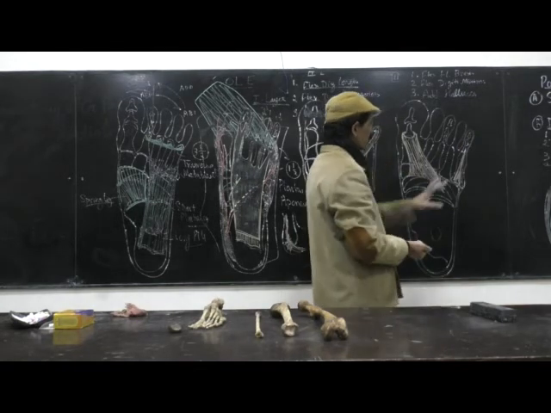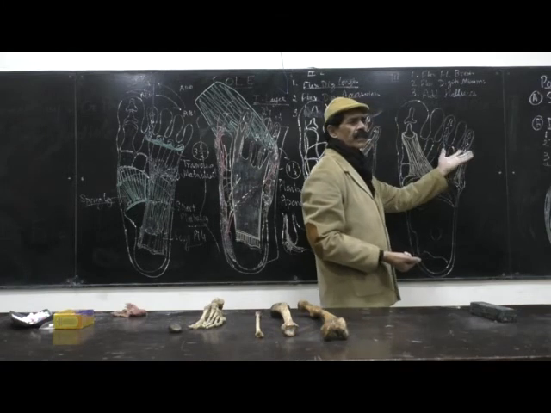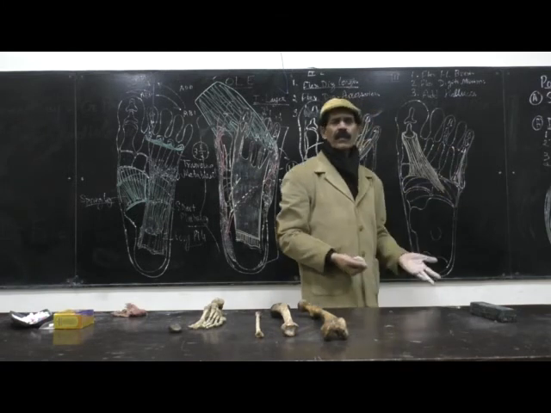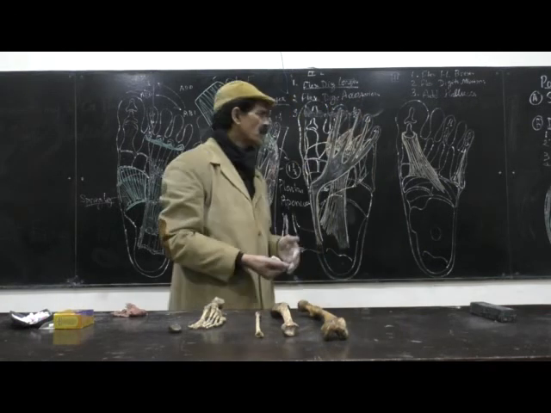So whenever this muscle will contract, the little toe will move like this. So this is the flexion of the little toe. Flexor digiti minimi is the name of this muscle.